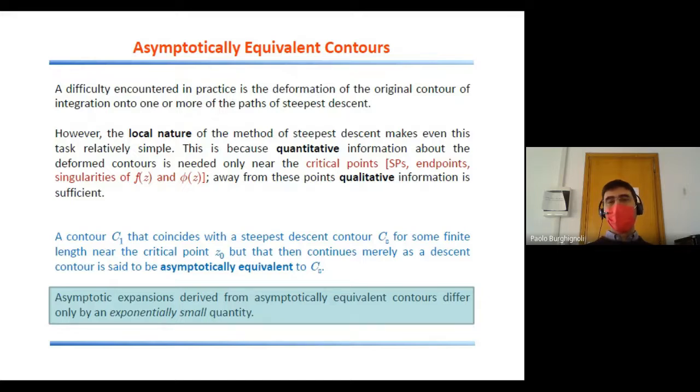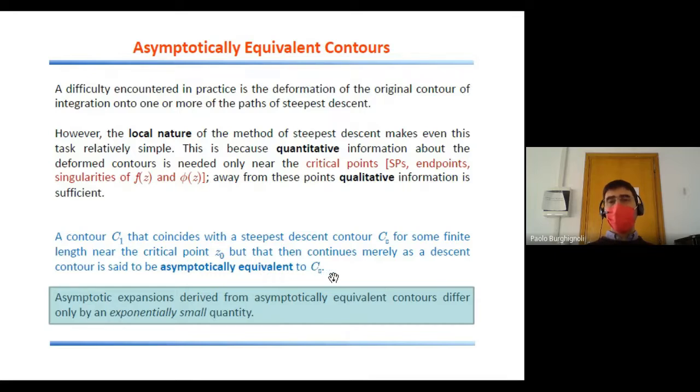For example, a contour C1 that coincides with the steepest descent contour for some finite length near the critical point, for example, near the saddle point or near the end point or singularities and so on, but that then continues merely as a descent contour, is said to be asymptotically equivalent to the actual steepest descent path.